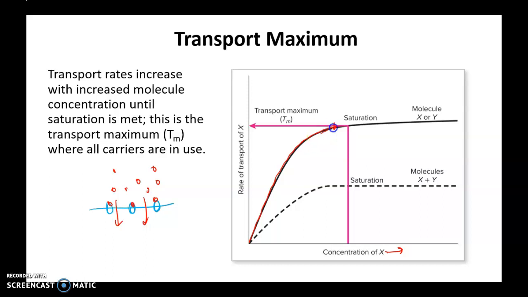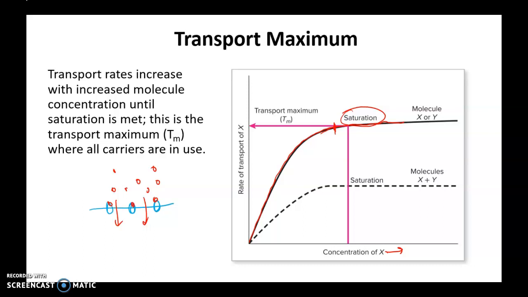So the transport kind of plateaus here, because the transporters are saturated at that point. And this point where the rate of transport cannot be further increased by increasing the concentration of the substance is called transport maximum.